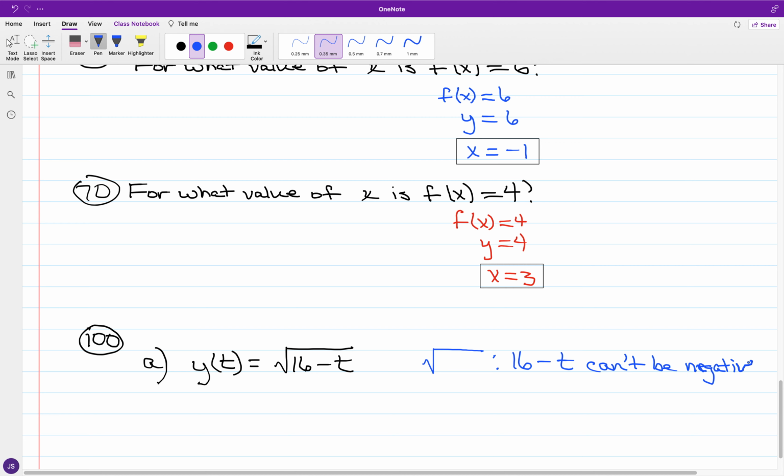So you have a radical that's given in direct terms. Now there's no fraction. And you can have the square root of 0, and you can also have 16 minus t be a positive value.